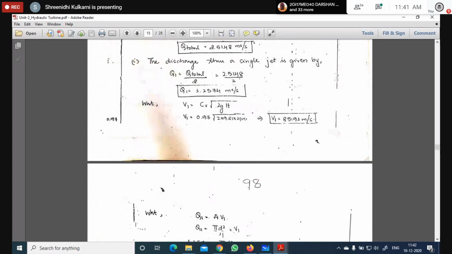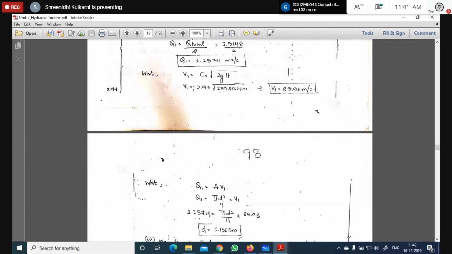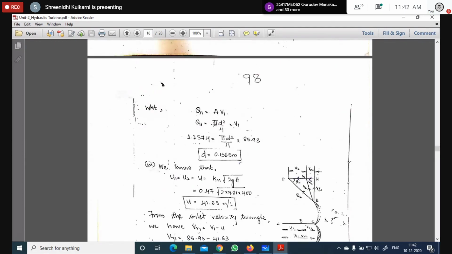The area is still pi d square by 4 only, but the diameter would be double. Yes, sir, got it. That's why I'm calculating for a single jet. How much did you get for D? 0.1365 meter. It is for a single jet.